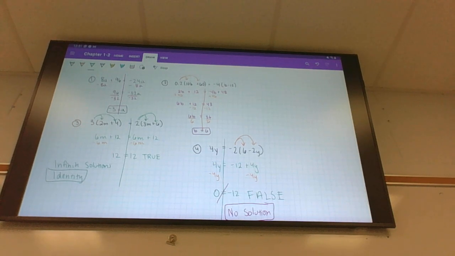Does anybody have any questions of ones that are not shown up here? All right. So, page 49.